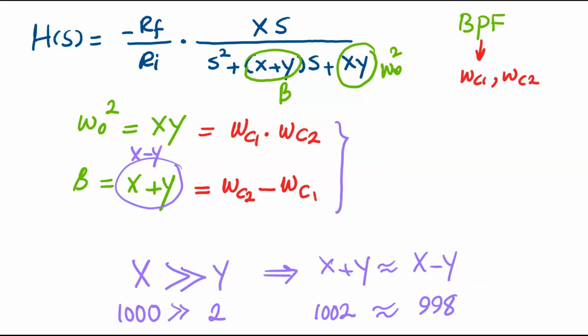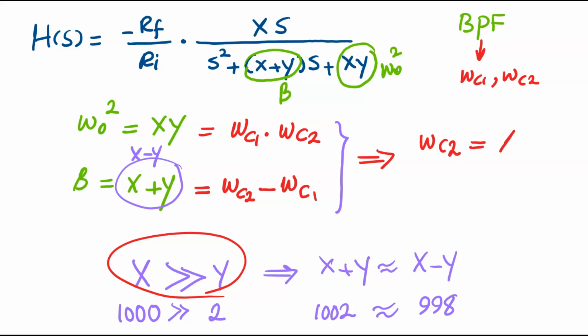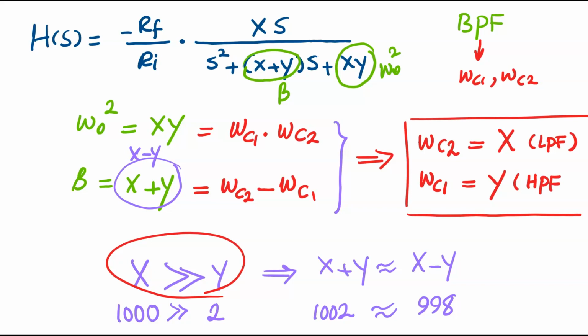Okay, so now I can conclude that in this scenario, if this constraint holds, then I can assume that omega c2, or the greater cutoff frequency, is equal to the cutoff frequency of my low pass filter, and omega c1, which is my smaller cutoff frequency for the band pass filter, is equal to y, which is the cutoff frequency of my high pass filter. Otherwise, you cannot make this assumption, and you have to solve these two equations to find your cutoff frequencies.